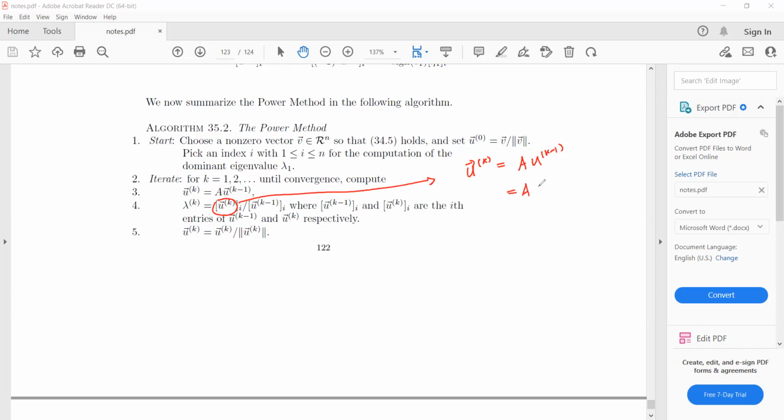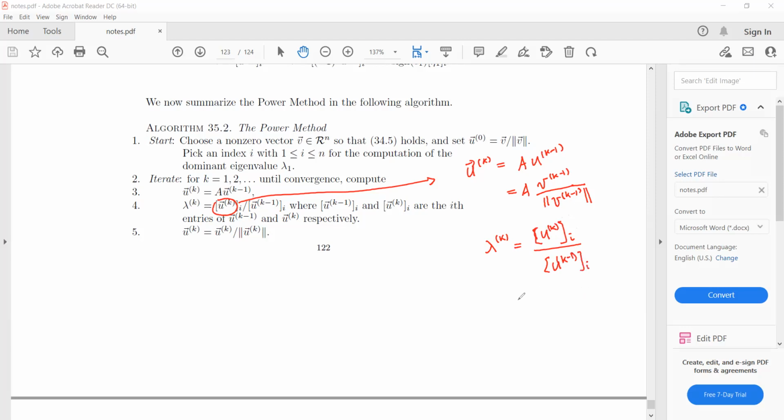Recall that it is a vector V K minus 1 over the norm of vector V K minus 1. So the ratio lambda K here is the ith entry of UK over the ith entry of UK minus 1.